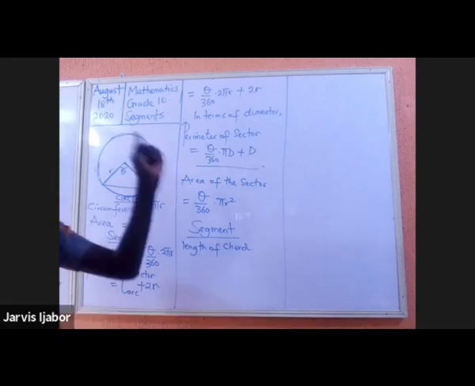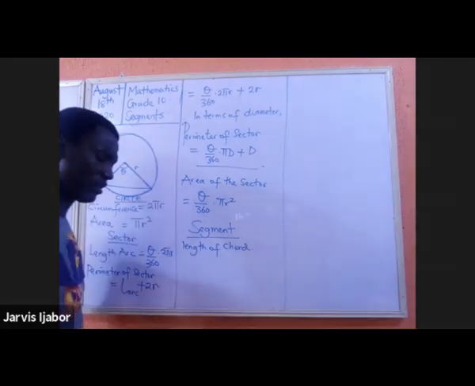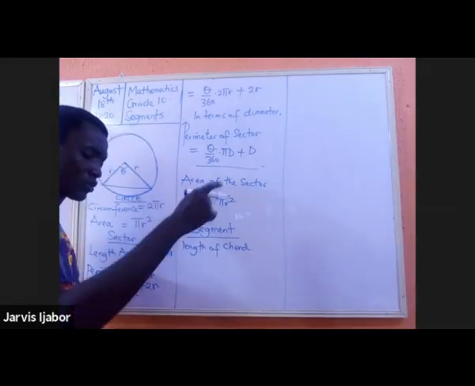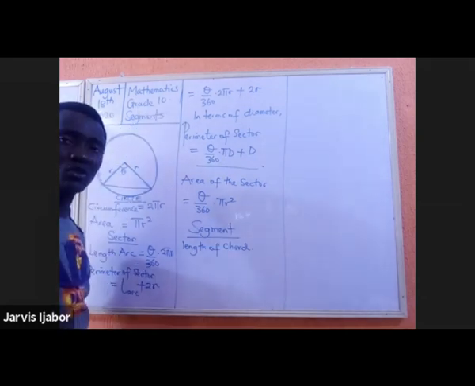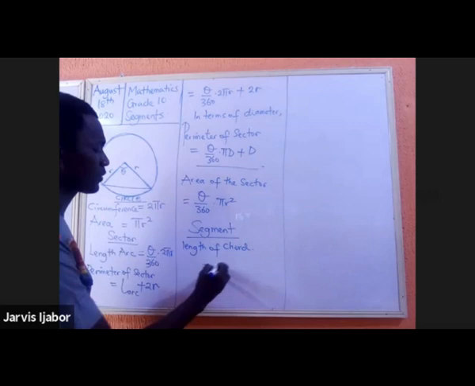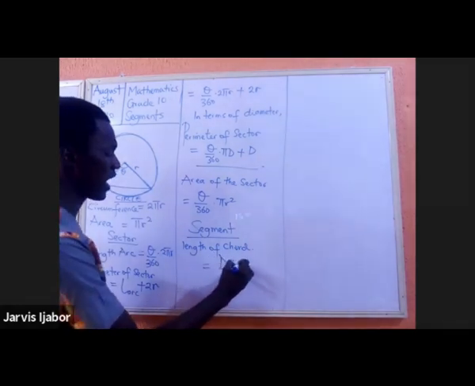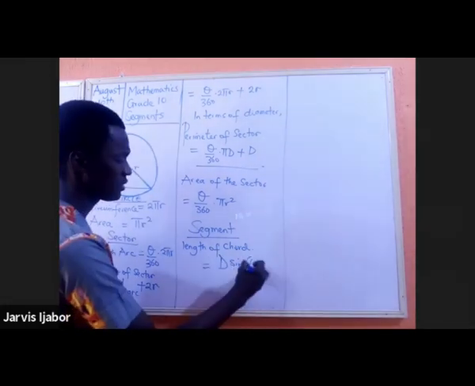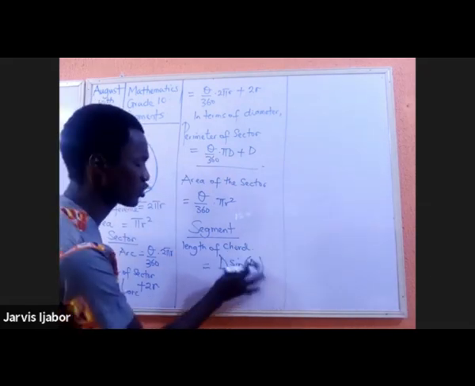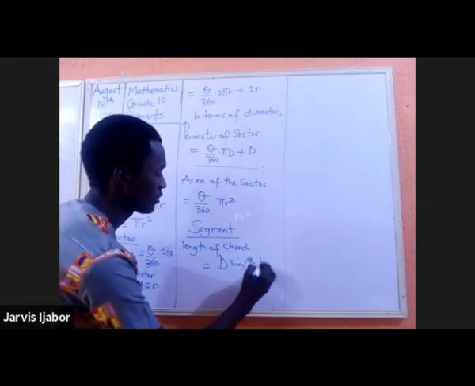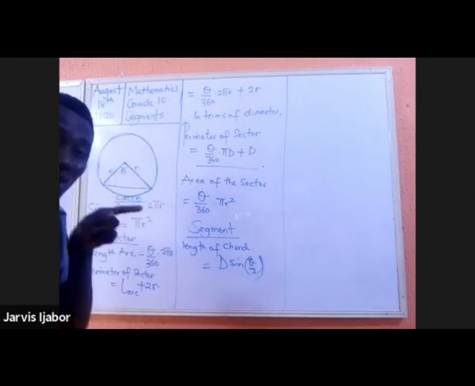As long as the angle at the center that subtends the chord is given, the length of chord is simply d sine theta over 2, where theta is the angle subtended at the center.